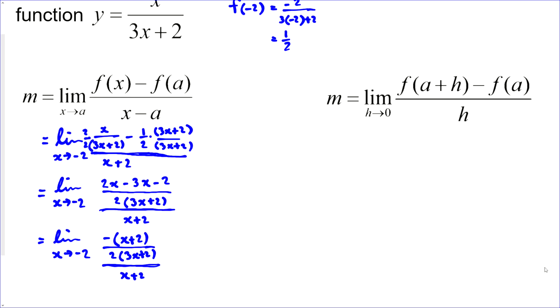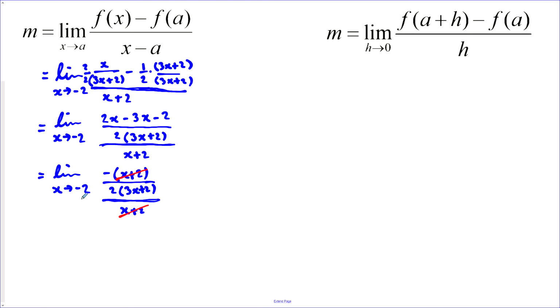So I'm going to cancel those ones out. So this one and this one. And so I'll be left with a negative 1 in the numerator there. So the limit as x approaches negative 2 is negative 1 over 2 times 3x plus 2. And now I can let x approach negative 2.